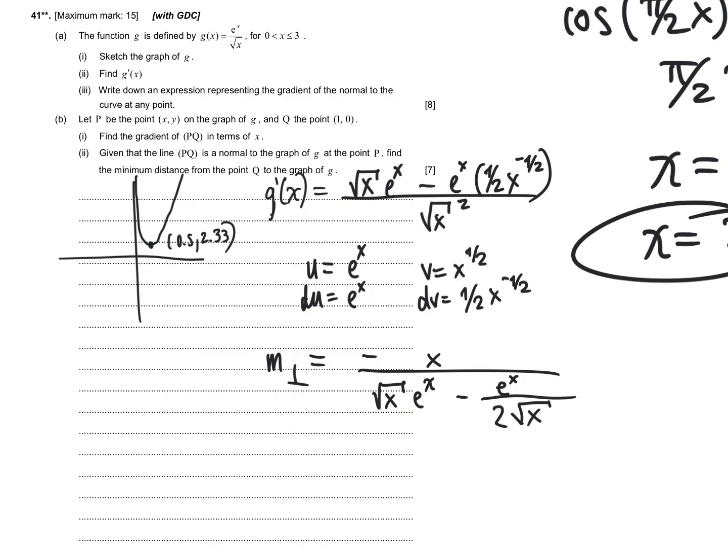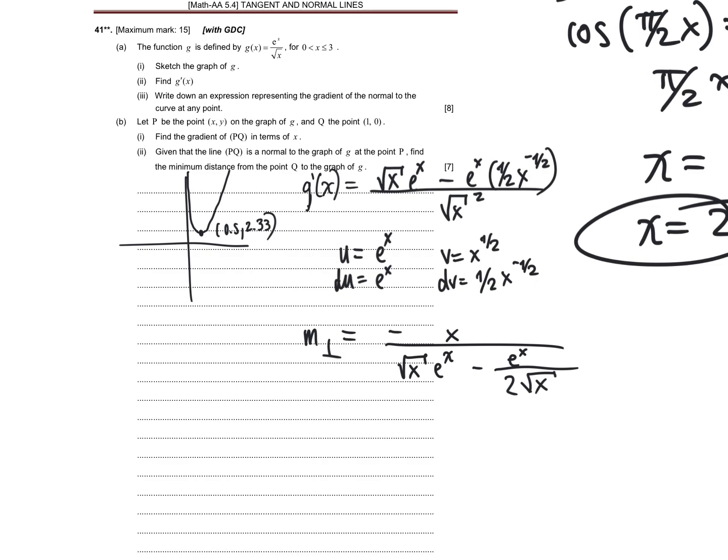P is xy on G, and Q is that. Find the gradient of PQ in terms of x. All right, P is on the graph of G. Okay, so G at x, okay, is this. So the point is x, e to the x over root x.